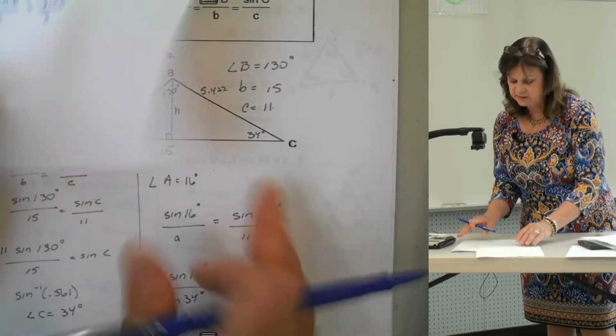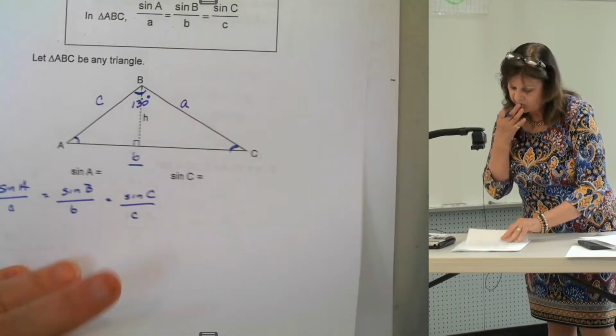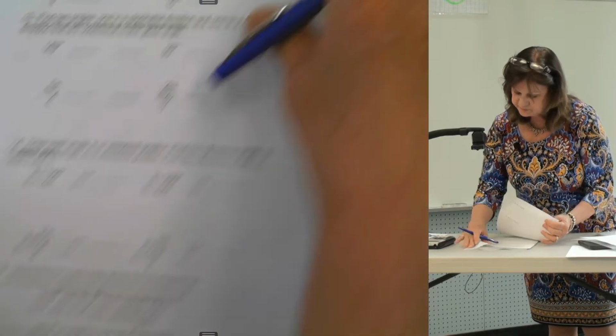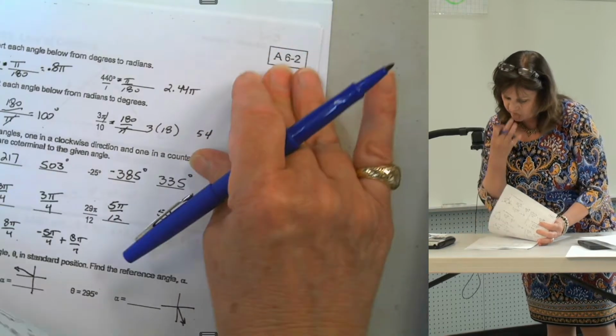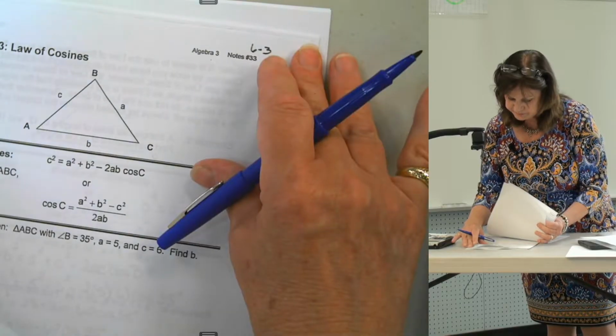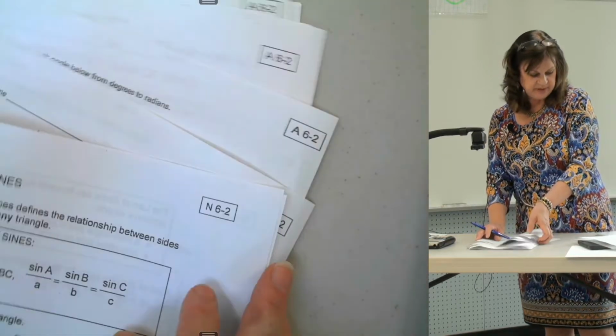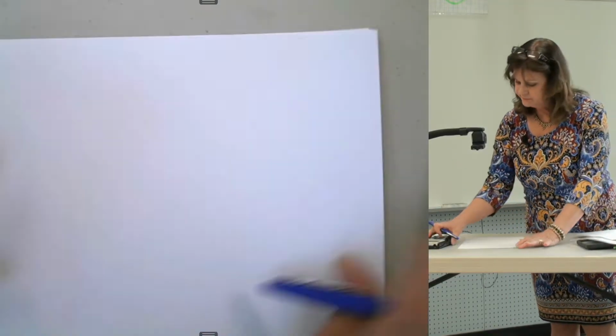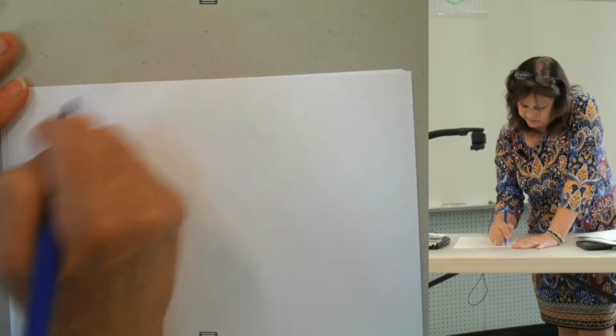I'm sorry, I got a little out of order. Just get a blank piece of paper if you would, because I started off a little overanxious here. All right, let me give you another triangle.